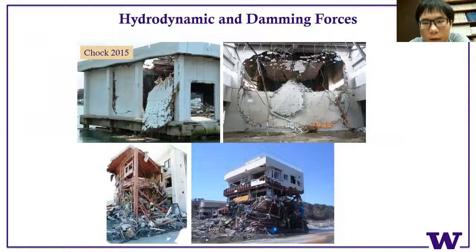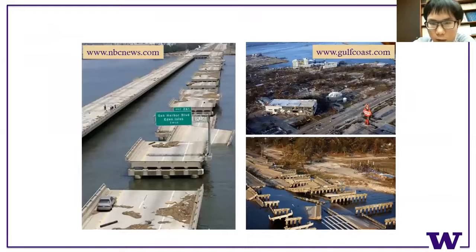These figures show some very severe damage from tsunami events, and you can see how powerful a wave generated by a tsunami can be. The figure on the left shows a bridge destroyed by a tsunami, and a bridge is very critical after a tsunami because we want to transport water and food into the region.